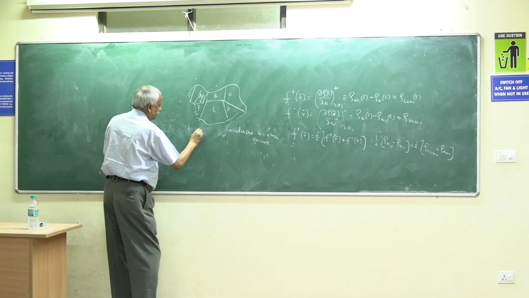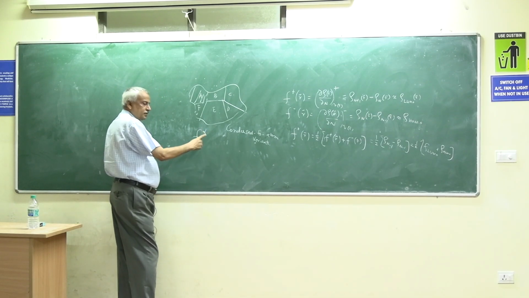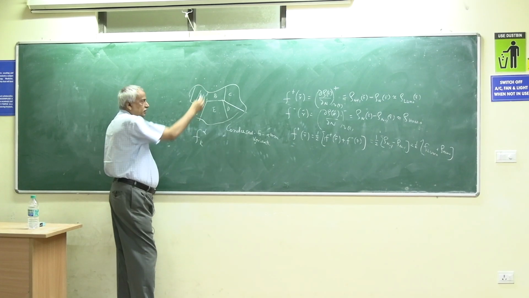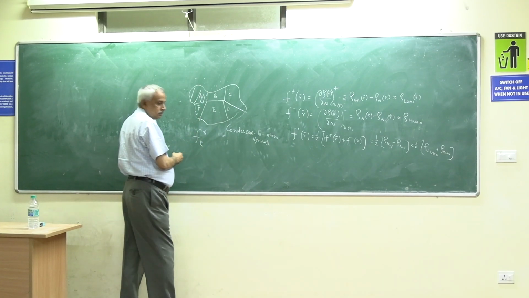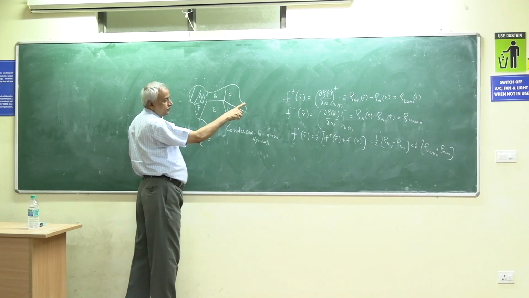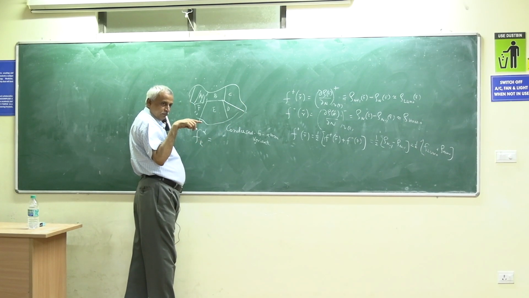So if I call this f k alpha, now there is no r dependence. I have integrated over, let us say, the kth atom. So this would be the integral of rho of N plus 1 on that kth atom.